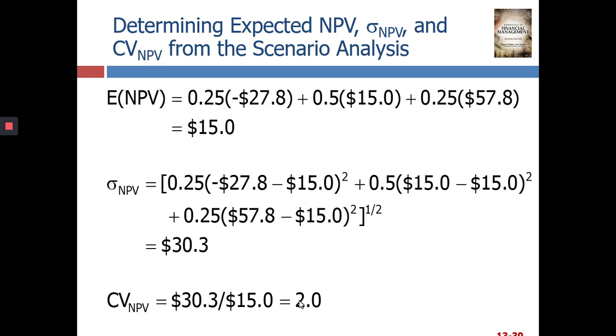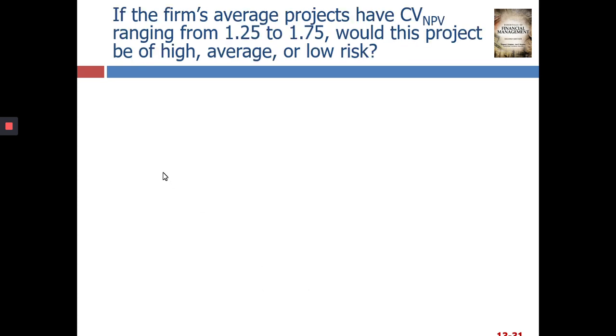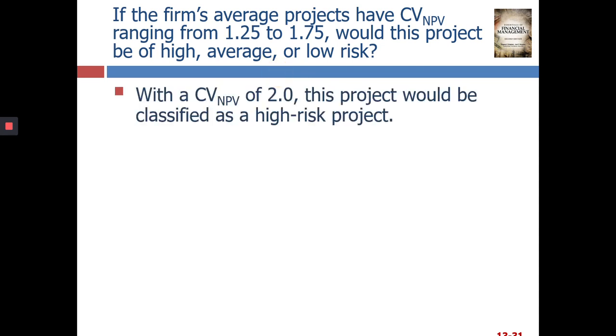So if the firm's average projects have a coefficient of variation ranging from 1.25 to 1.75, would this project be high, average, or low risk? So what do you think? This project would definitely be high risk, because the normal range is 1.25.